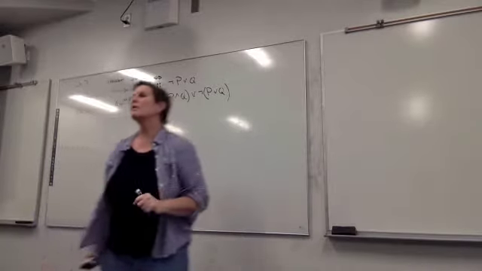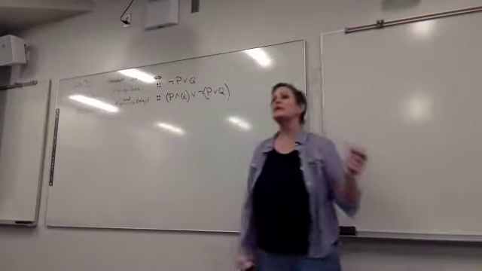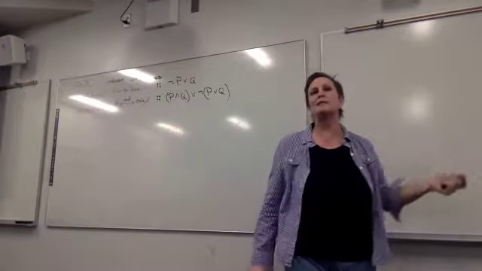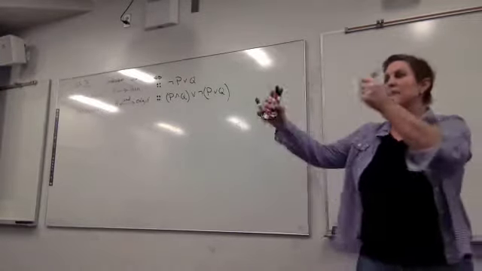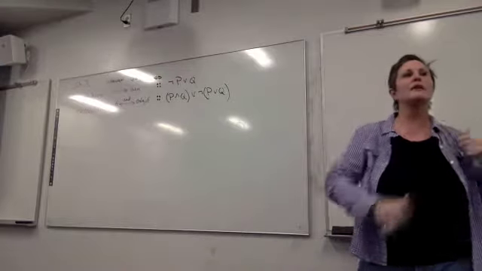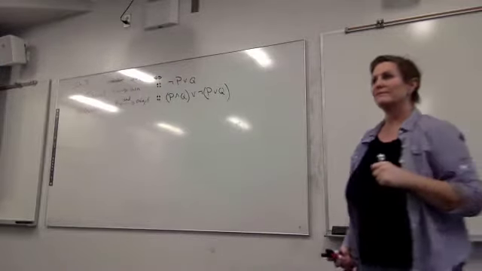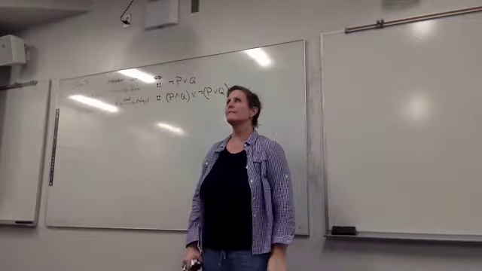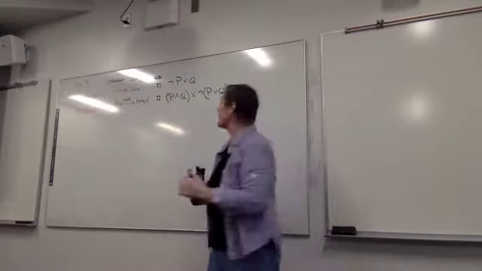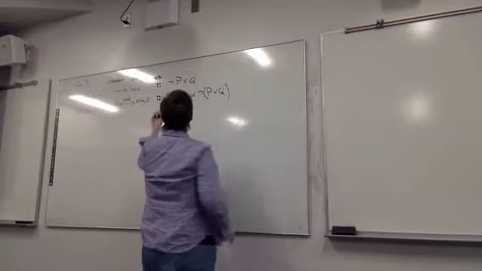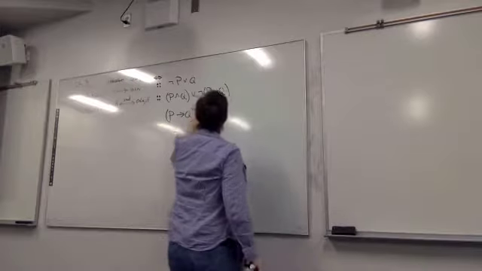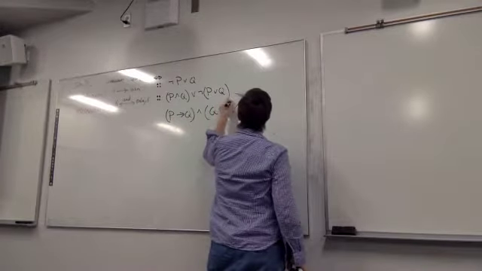Whenever you see Tweedledee, you see Tweedledum, and whenever you see Tweedledum, you see Tweedledee. You see them together all the time, or you see neither one of them. Here we go. If I have P, then I have Q, and if I have Q, then I have P.